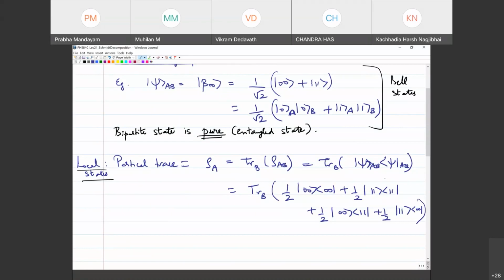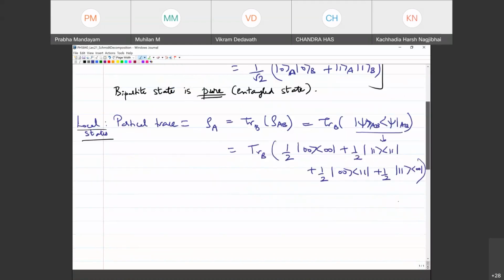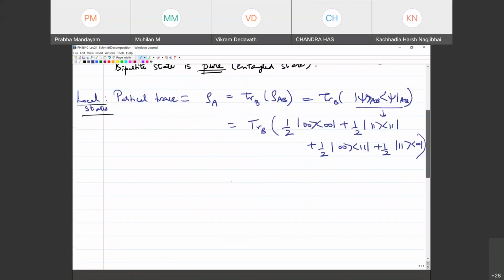This would be the density matrix corresponding to this. Remember, we worked out the bipartite density matrix last time. It's a 4 cross 4 matrix with 2 diagonal entries and 2 off diagonal entries. And so when you work out the partial trace over the B subsystem, what happens? I'm just again going through this. Very important for you to be able to do these partial traces. So if you have any doubts, please ask me.